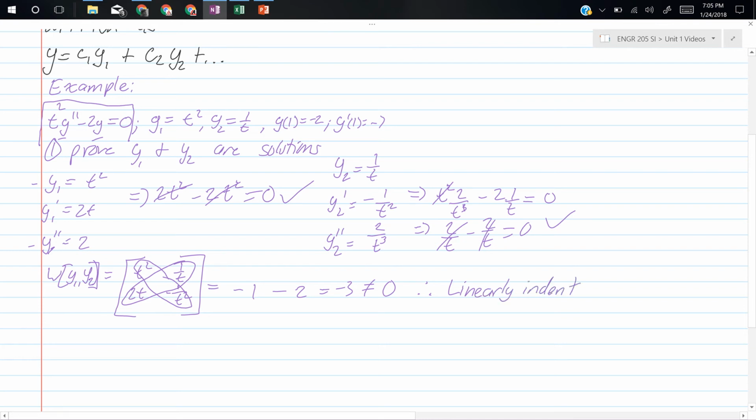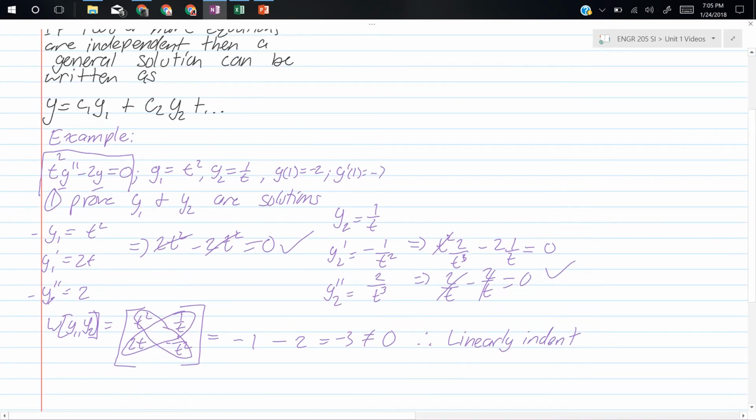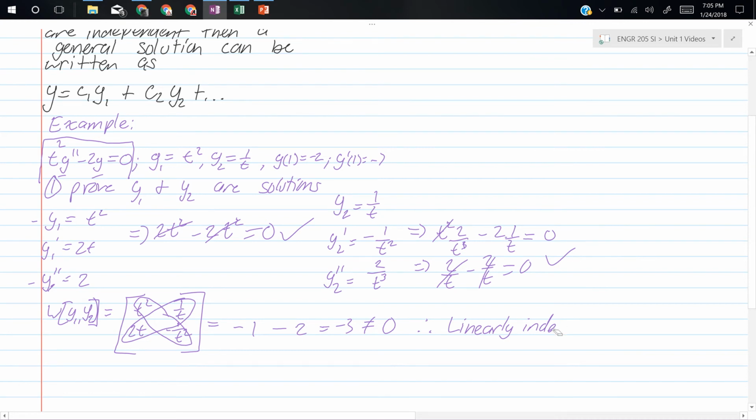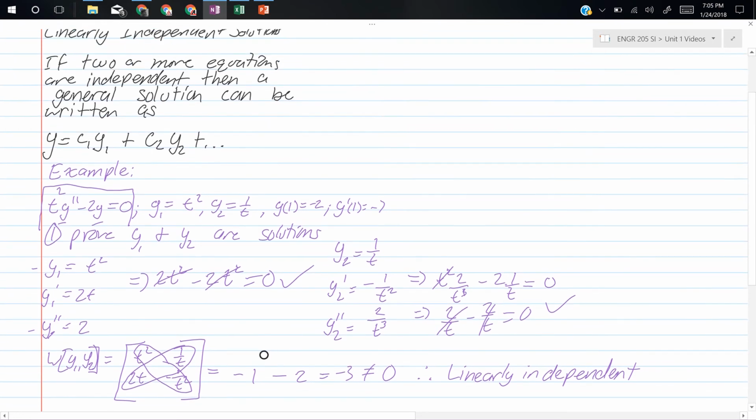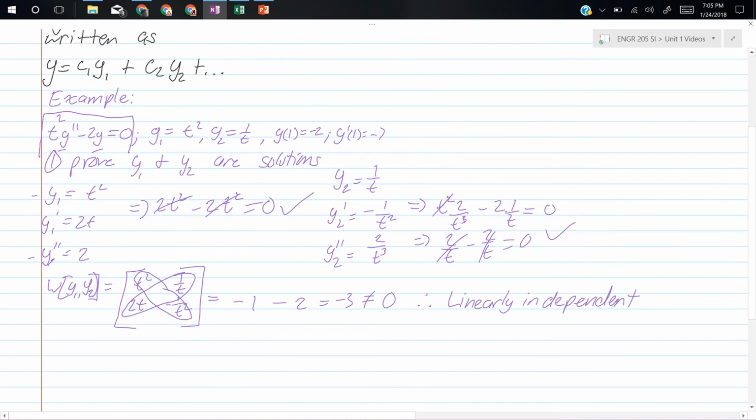So since they are solutions and they are linearly independent, I didn't even finish spelling out this, independent. Alright, since these are both solutions and linearly independent, then I can make a general solution for it.